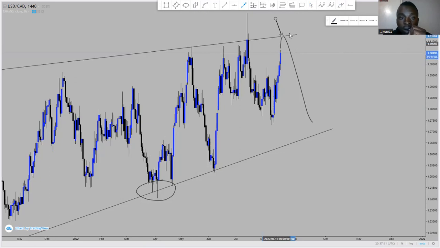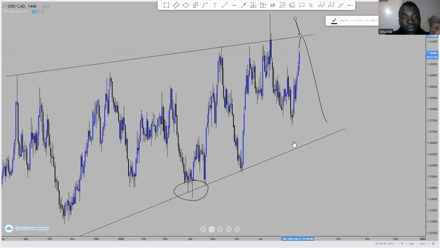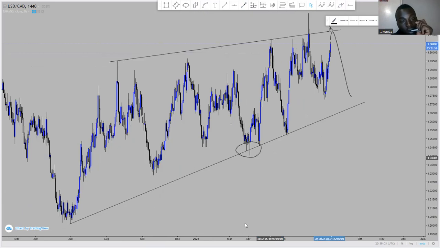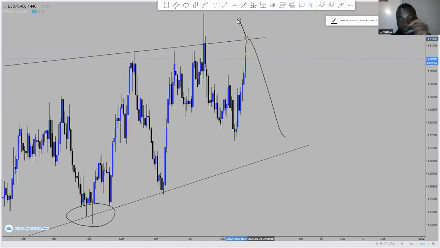So as soon as it comes here, we are expecting also a drop. If it does not drop and it breaks the trend line, what we simply want is to retest that trend line. If it does break, all we want to see is something like this: retest, then we buy.